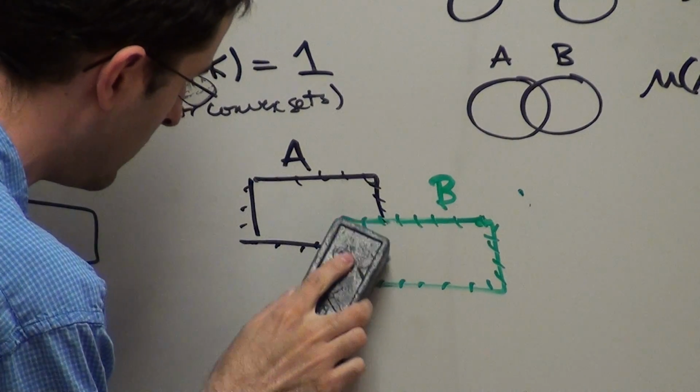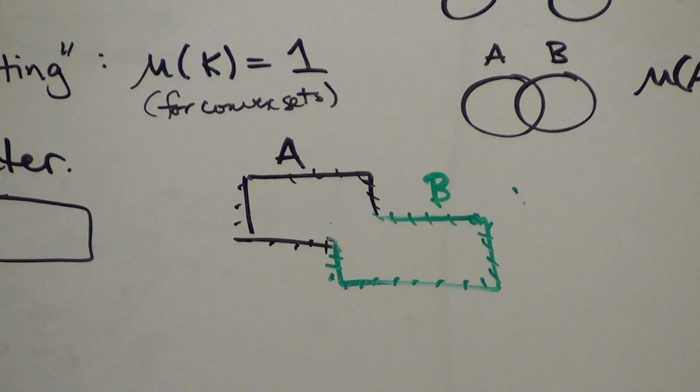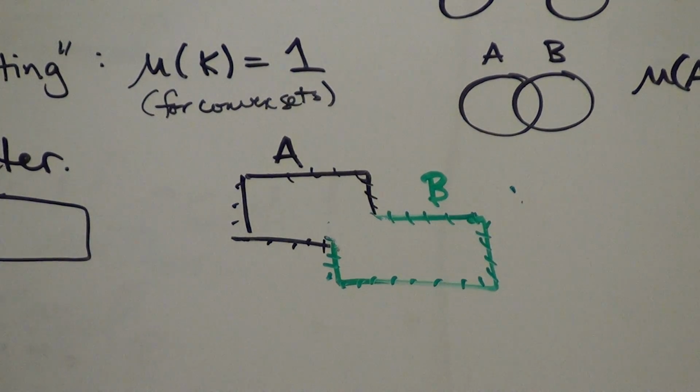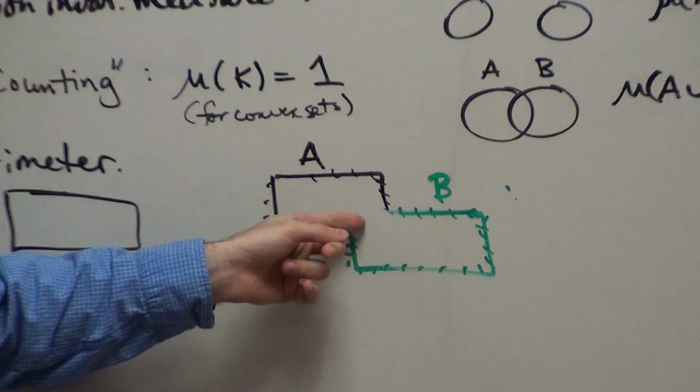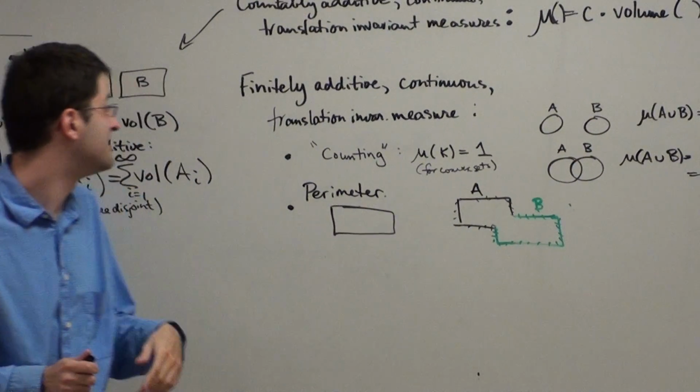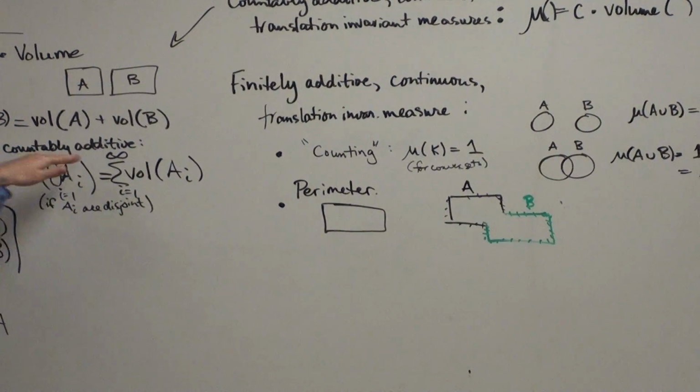So I count everybody once on the outside and nobody on the inside. So perimeter is a finitely additive measure. So we're actually getting something out of this. Okay? The countably additive stuff really throws you, though. That's why it doesn't work as a countably additive measure.